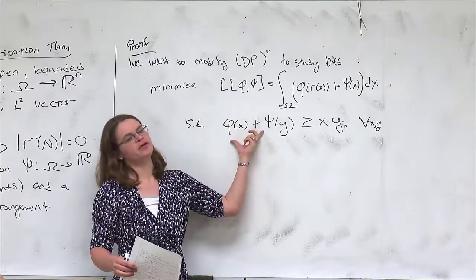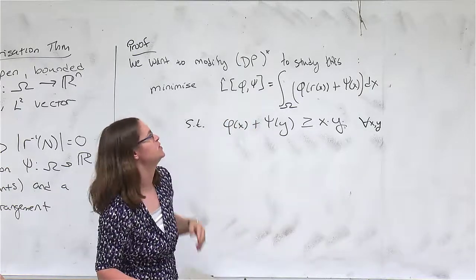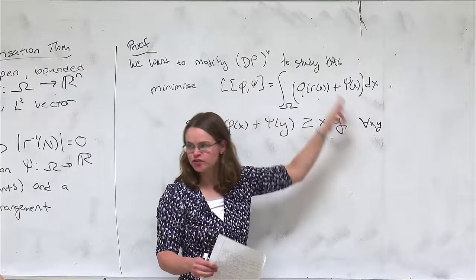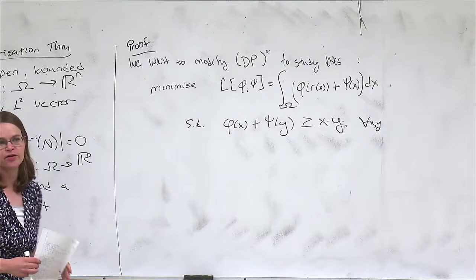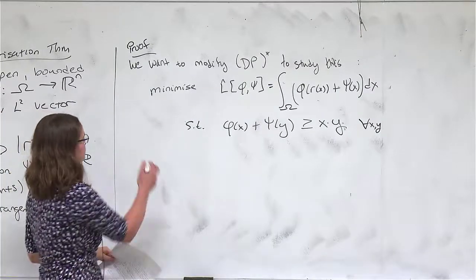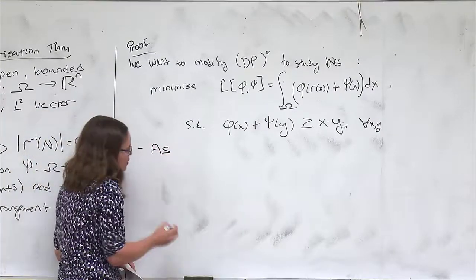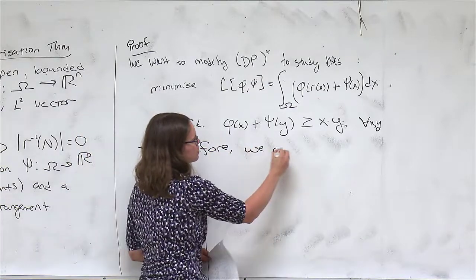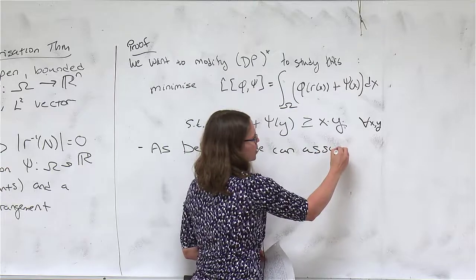I replace it with a convex dual. It's still going to be feasible. And just like we did before, we can write down the value of my objective function and show that it only goes down if we take convex duals. So I'm just going to say, without filling in the details, as before, we can assume that phi and c are convex duals.